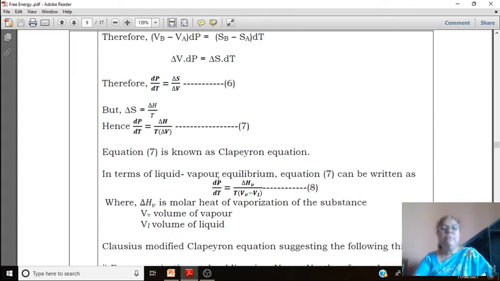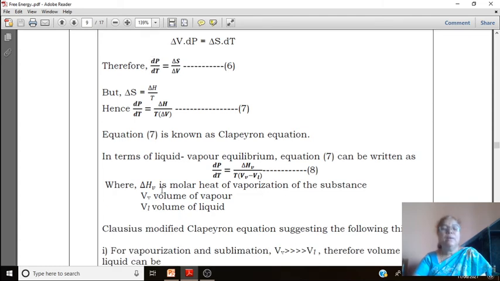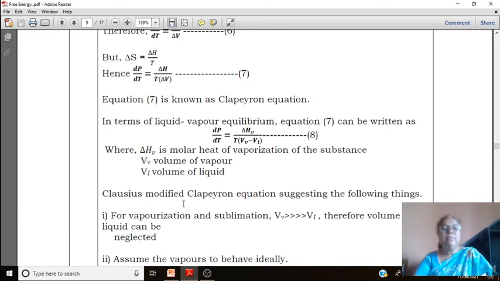In terms of liquid-vapor equilibrium, the equation can be written as dP by dT equals delta Hv upon T into the bracket volume of vapor minus volume of liquid, where delta Hv is the molar heat of vaporization of the substance, Vv is the volume of vapor, and VL the volume of liquid. Here Clausius modified the Clapeyron equation suggesting the following things.